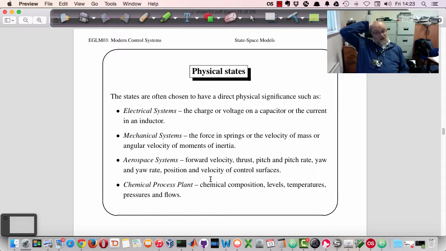So that's a general state equation. In a lot of the systems we deal with as control engineers, we're dealing with physical systems, electrical, mechanical, aerospace, chemical and so on, and therefore some of the states that we're dealing with will actually be physical variables, things like charge or voltage or current in the electrical case, or force, velocity, mass and so on in mechanical systems.